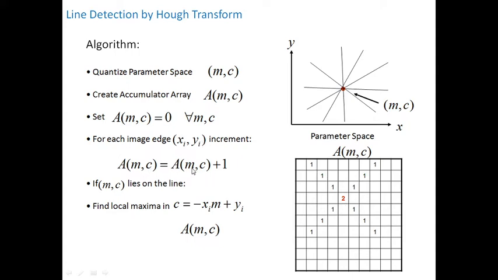Increment A of m comma c, that is A of m comma c plus 1, for every line, if m comma c lies on the line. As I have said, this point is m, this point may be c. Then find the local maxima, where c equals minus xi m plus yi. So this is my accumulator, that is m comma c.